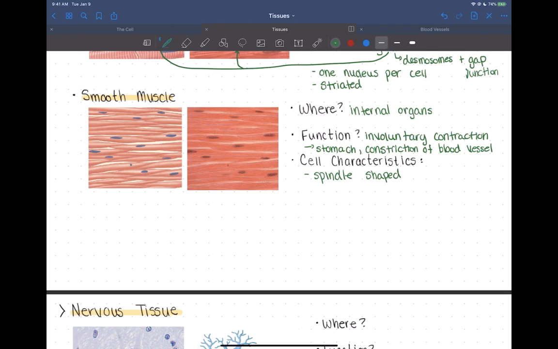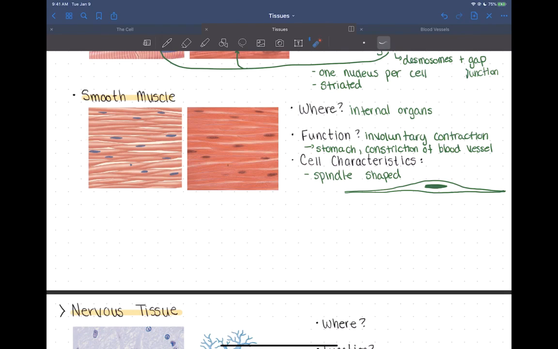If I were to draw one, it would be kind of like this. They're very thin on the ends, and then they have kind of a bulge in the middle, and the reason the bulge is there is because that's where the nucleus is located. So that would be one smooth muscle cell, as you can see here, these spindle shaped muscle cells.